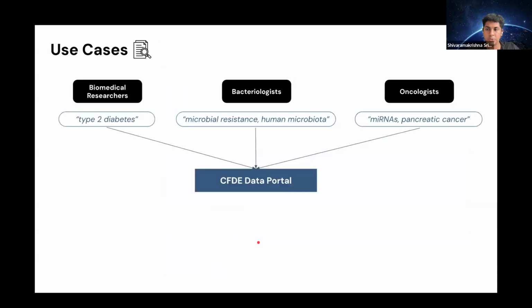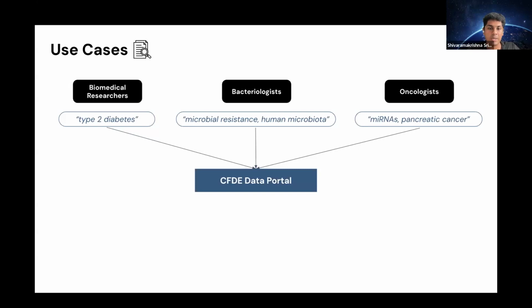Before I jump into a live demo of the CFDE Data Portal, I want to pause for a minute and consider some use cases that might showcase the power and the diversity as well as the novelty of the CFDE Data Portal. Consider biomedical researchers who wish to identify different kinds of data associated with type 2 diabetes.